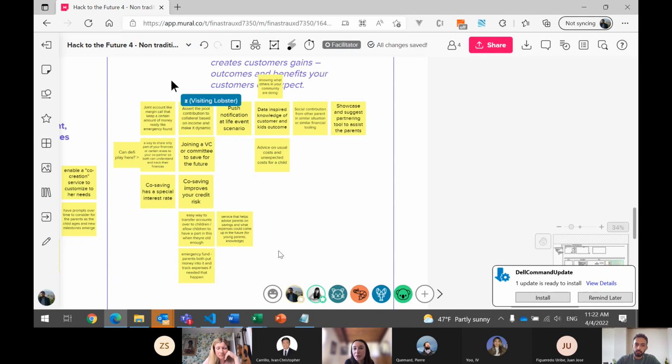I think we went more in the direction of a solution that a bank could provide, rather than a solution to help advise or support the bank customers. So I was just wondering what your thoughts are, if you were to ideate on that.